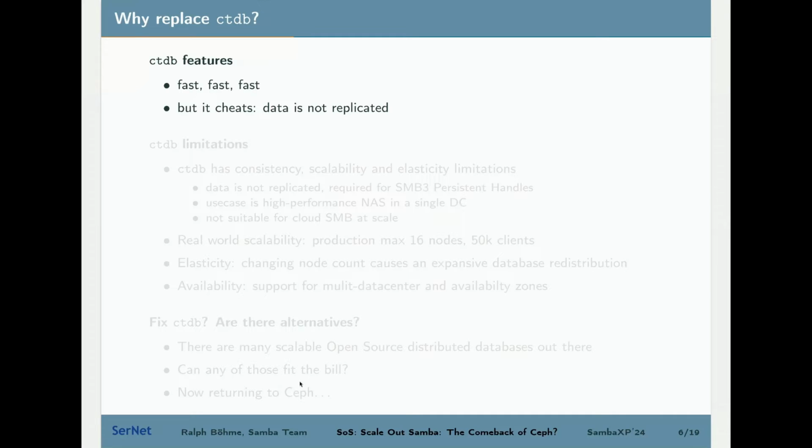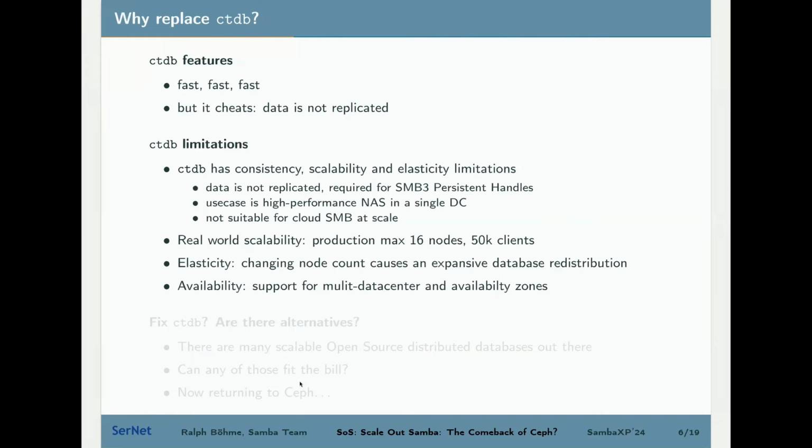Okay. So continuing on trying to give an answer on why actually look at replacing CTDB, it basically starts here with the second point. CTDB cheats. Data is not replicated, at least as far as the records that store file handle state are concerned. And this is a problem, particularly for SMB3 persistent handles. For the SMB3 persistent handle feature, we need the file handle states to be replicated across nodes in the cluster.